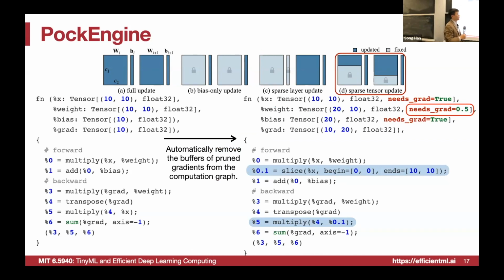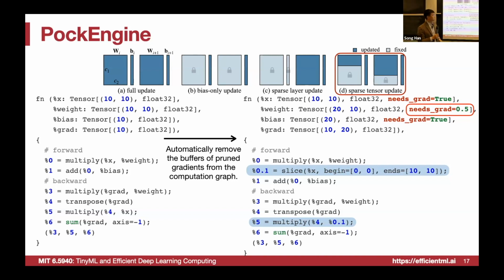In the last case, we can also do sparse tensor update. So here for both layer 1 and layer 2, we are only doing a partial update for the weight. What does that mean? We don't need to store all the activations. We only need to store the activations corresponding to the weight that needs to be updated.